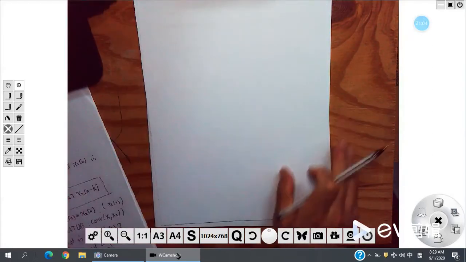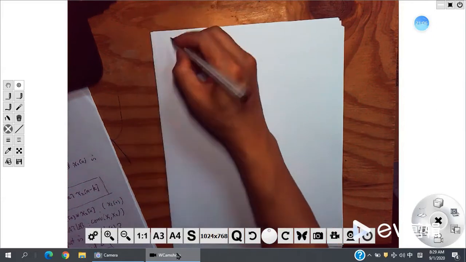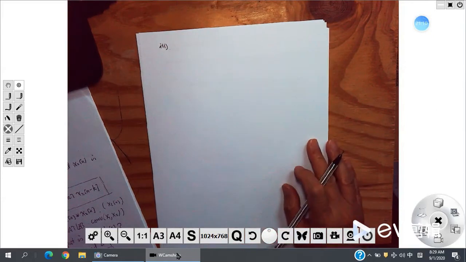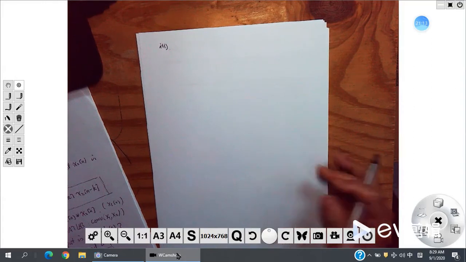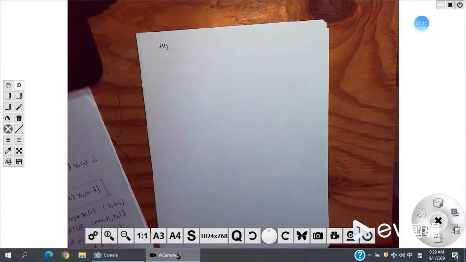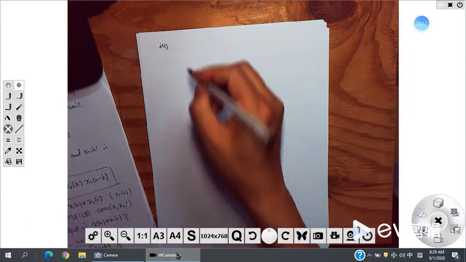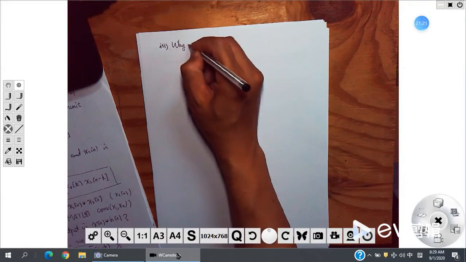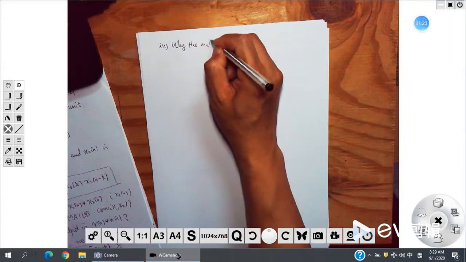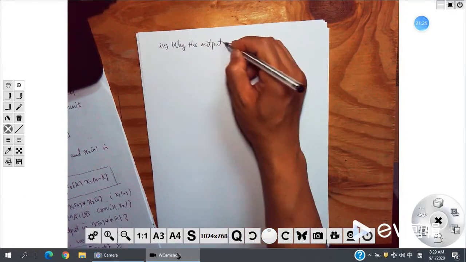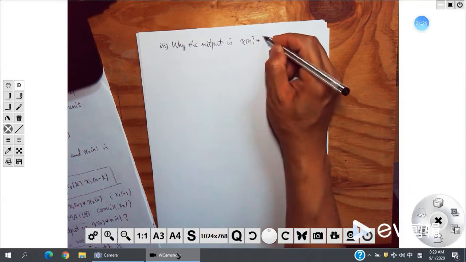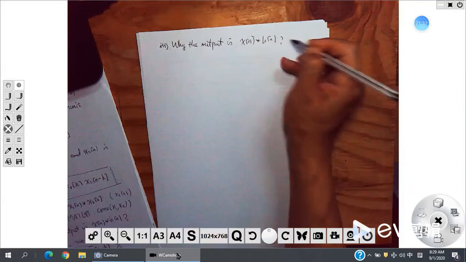Okay. Then the third one. Actually, this is a formula we need to use to prove the convolution result. So we say y, the output, is x of n convolution with h of n. We need to prove it, right?